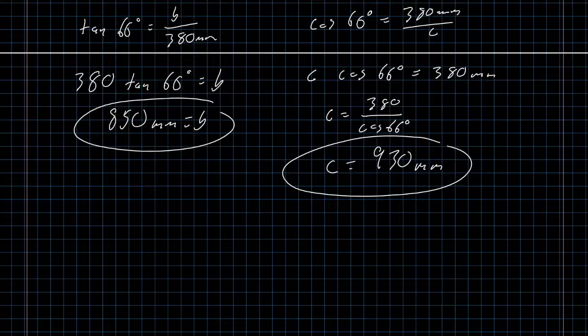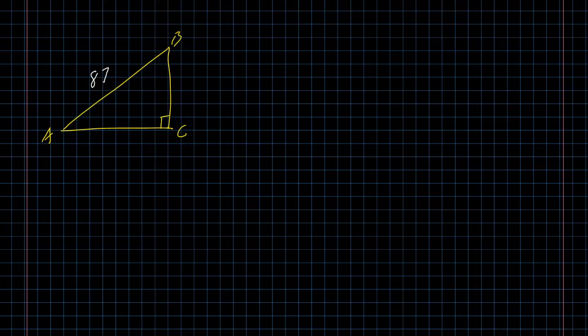All right, let's take a look at one more. Once again, we have triangle ABC with right angle at C. And I'm going to give us two sides marked at 87 feet and at 53 feet.